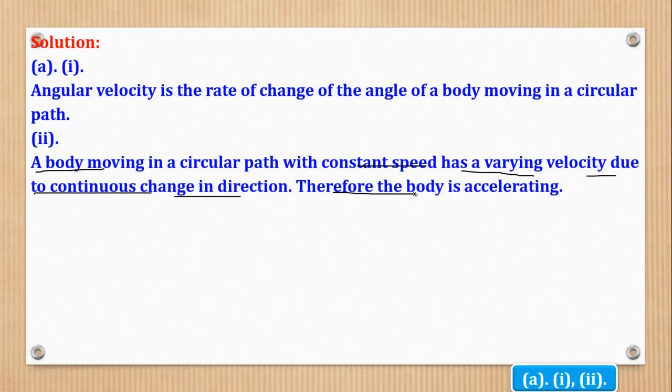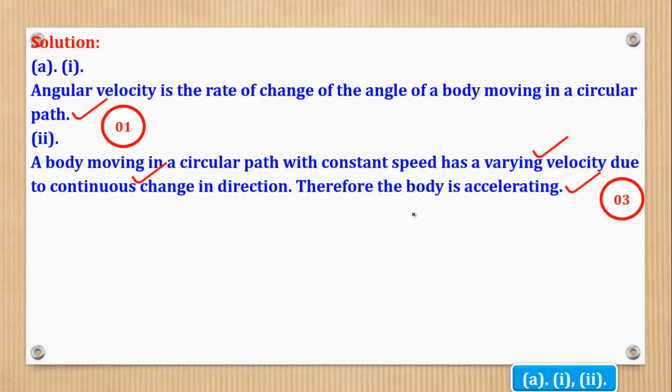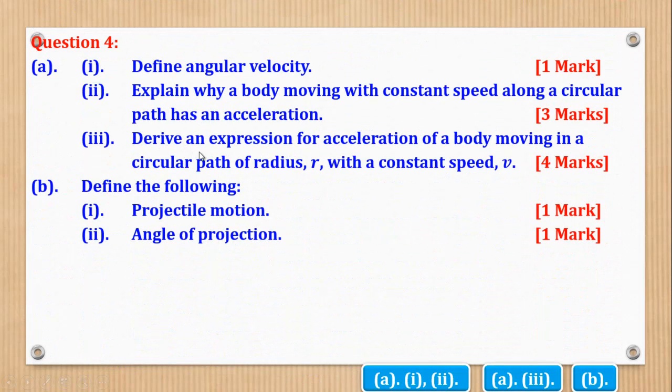Therefore, the body is accelerating. And that's what they wanted. Then for Roman 3, they want us to derive something. Derive an expression for acceleration of a body moving in a circular path of radius r with constant speed v.